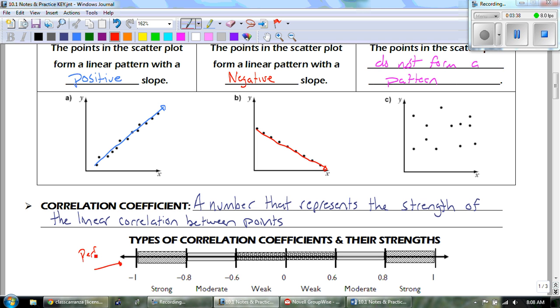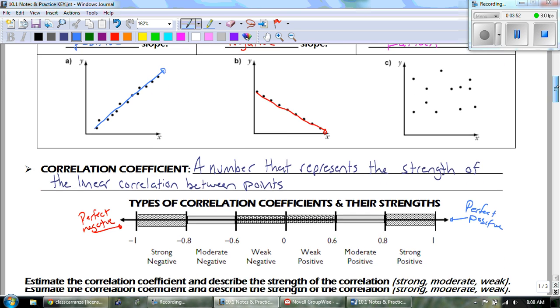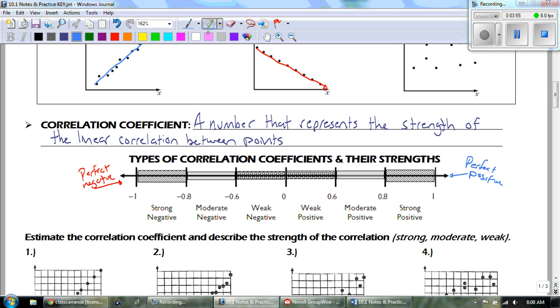That would be a perfect negative correlation. All the way here at +1, this would be a perfect positive correlation. And then there are these other areas in between where it could be strong, it could be moderate, and then it could also be weak.